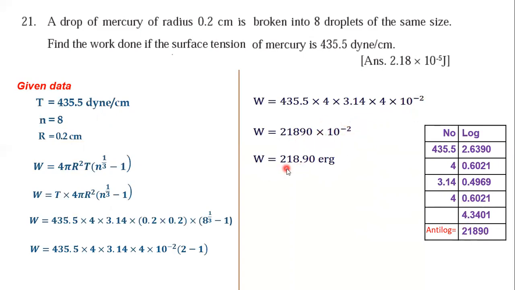We get the answer 218.9 erg, and this is the answer. Or if you want to convert into joule, you can convert into joule also. In standard form, we can write 2.1890 into 10 raised to minus 5. You know that one erg is equal to 10 raised to minus 7 joule.